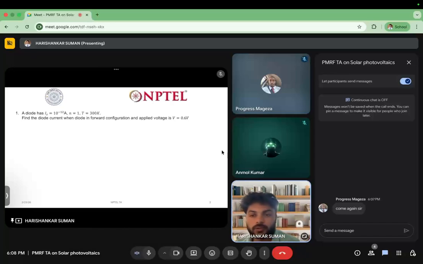So this is the question and these are the four options. You have to apply the exponential expression with qV upon kT. So please solve this equation.